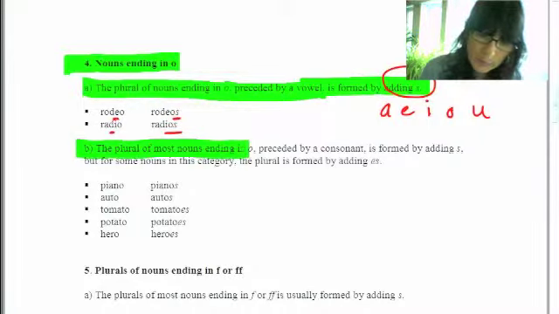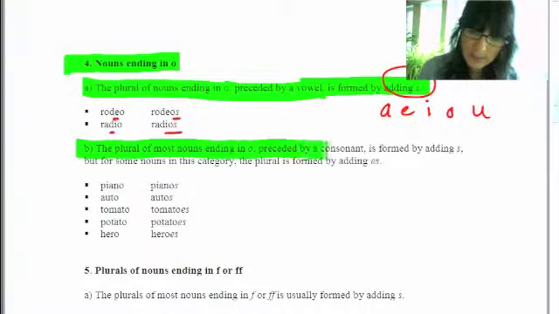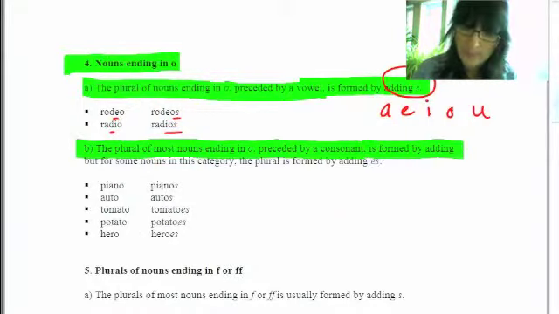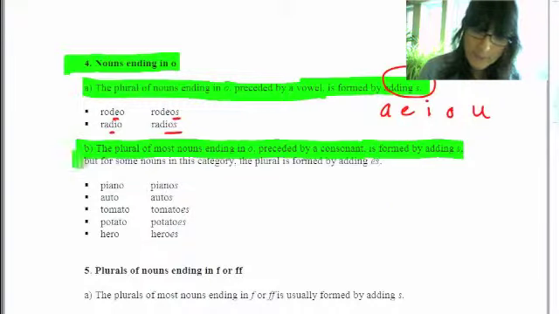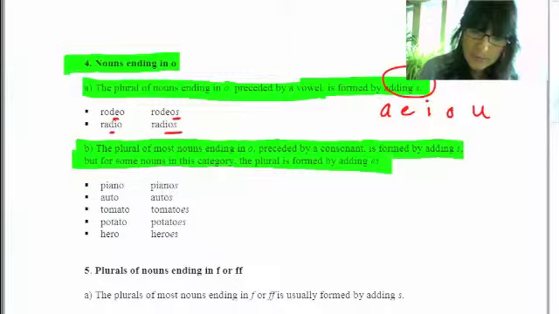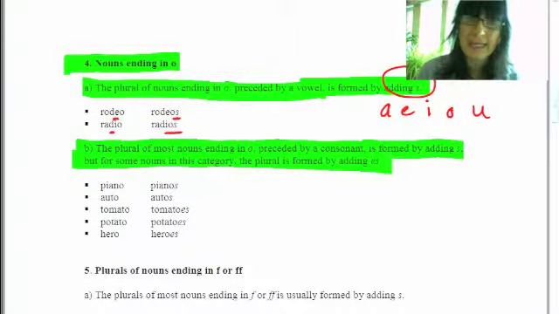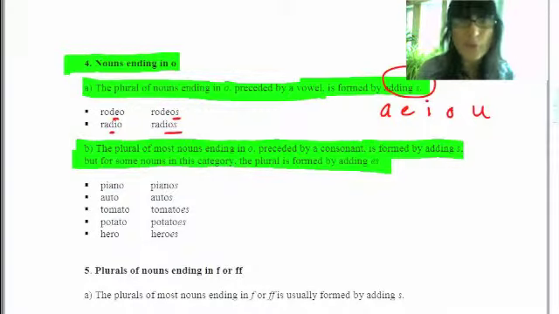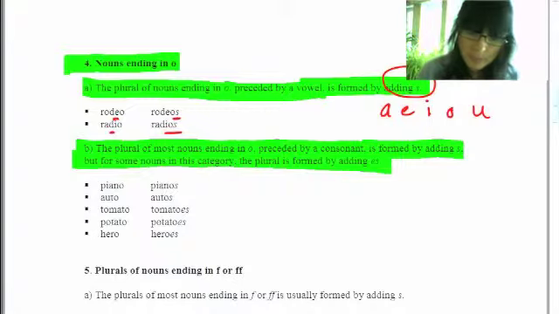The plural of most nouns that end in O and are preceded by a consonant, so before the O, there's a consonant, which wouldn't be a vowel, is formed by adding S. But for some nouns in this category, the plural is formed by adding ES. So sometimes the rule will change. And through practice, you might have to look it up if you're not sure of what the rule is.